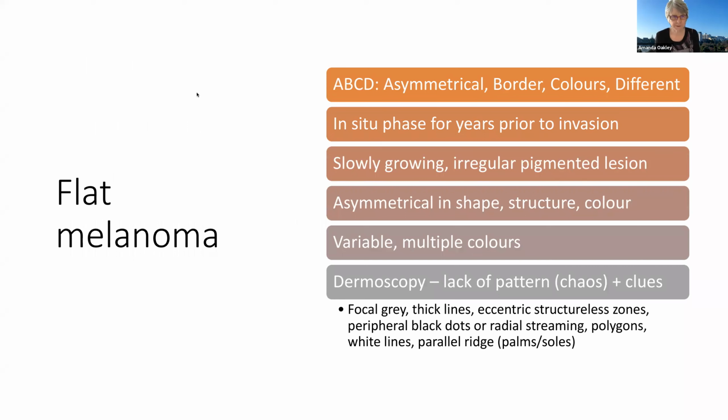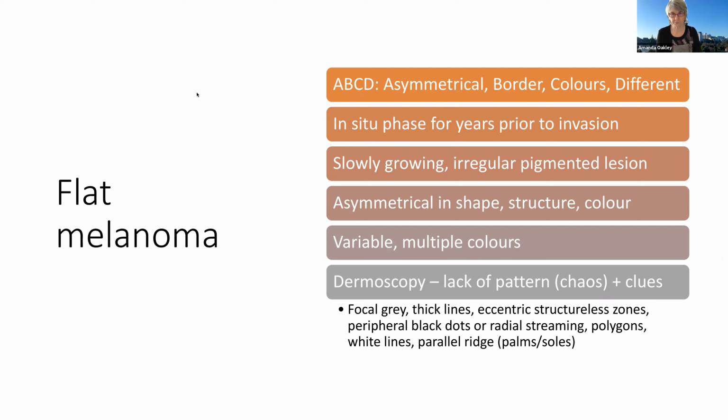And nowadays, molecular classifications are becoming more in vogue. We recognize flat melanomas because they have ABCD criteria: asymmetry, border irregularity, variation in color, and different, the ugly duckling, not the same as other lesions on the patient. D also stands for diameter, meaning larger lesions, greater than 6 millimeters anyway. And most of them grow very slowly.